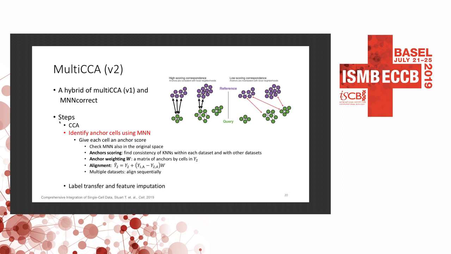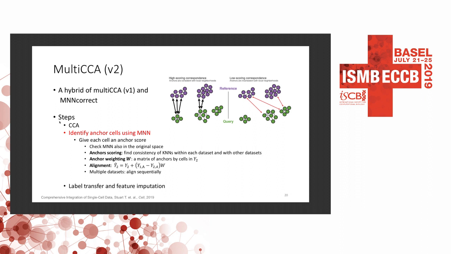The first step is CCA. Now they're looking at the lower dimensional space, W1 and W2, and you can think of this as W1 and this as W2. So they have the cells in the first batch and the cells in the second batch. On this lower dimensional space, they use the idea of MMM correct.